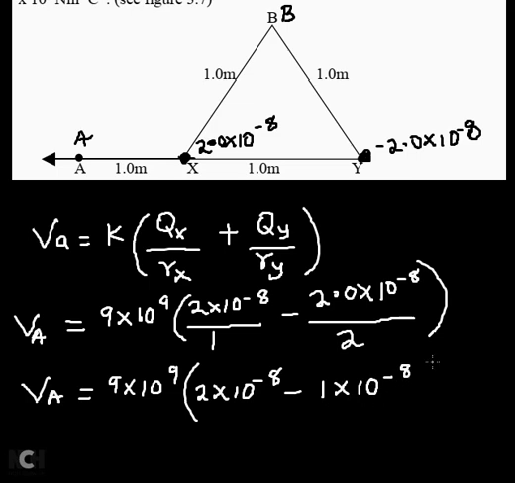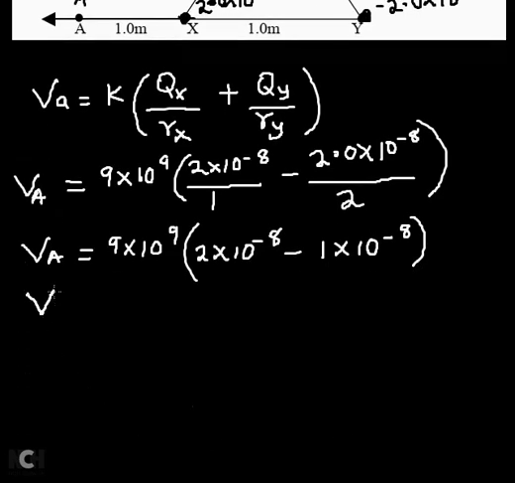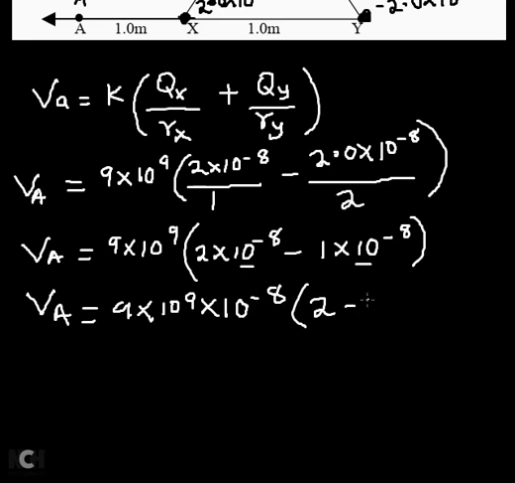So here we go. In this case I can factorize, since 10 raised to the power of minus 8 is a common factor. I take it out. So I have 9 times 10 raised to the power of 9, times 10 raised to the power of minus 8, and in the brackets I'm left with 2 minus 1.